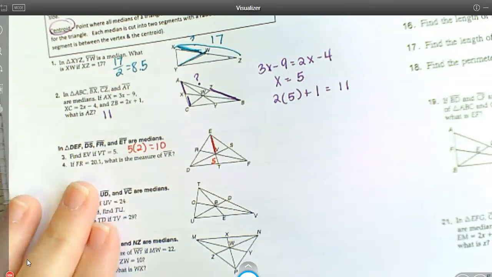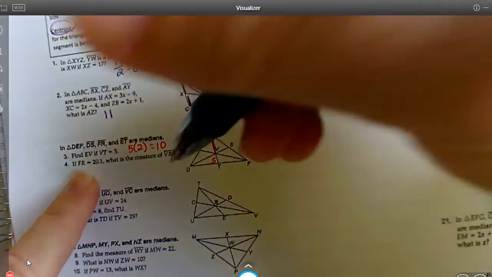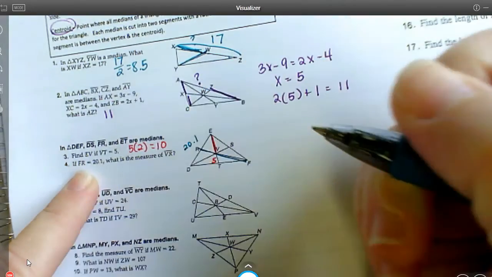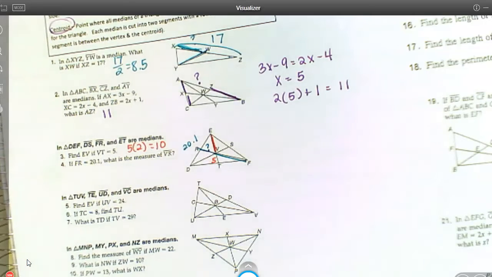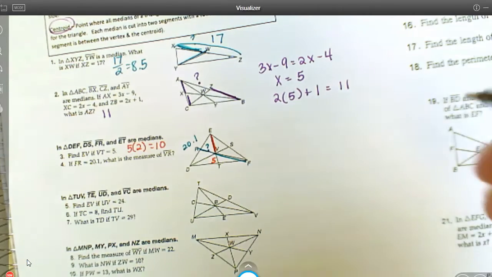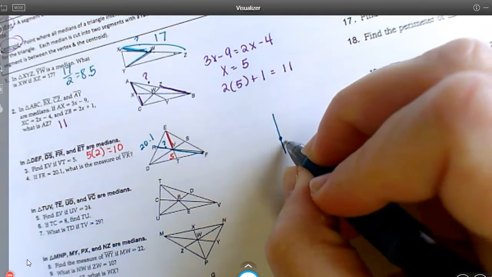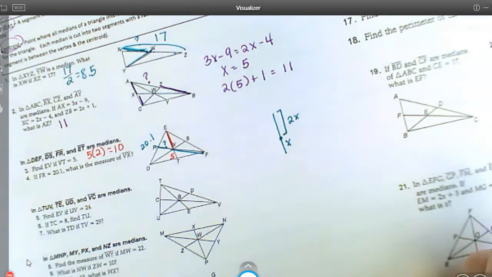All right, look at the next one. FR, which is the whole side, is 20.1, and it wants me to find VR. Whenever you're thinking about the whole side, I'm going to draw a whole side here. If this is X, and this is twice as long as X, what's the whole side? 3X.